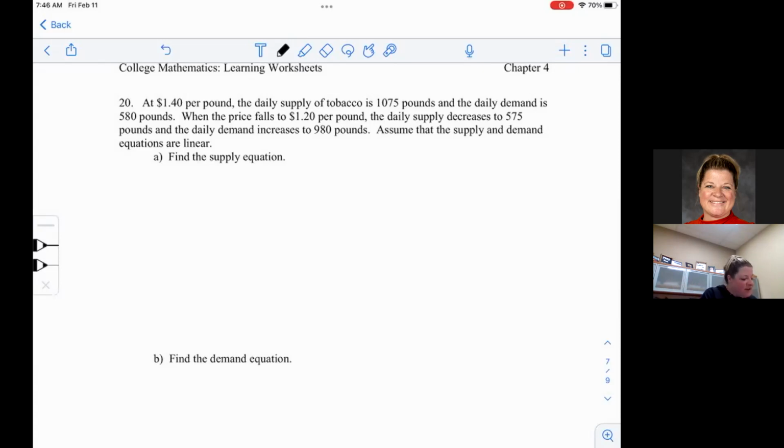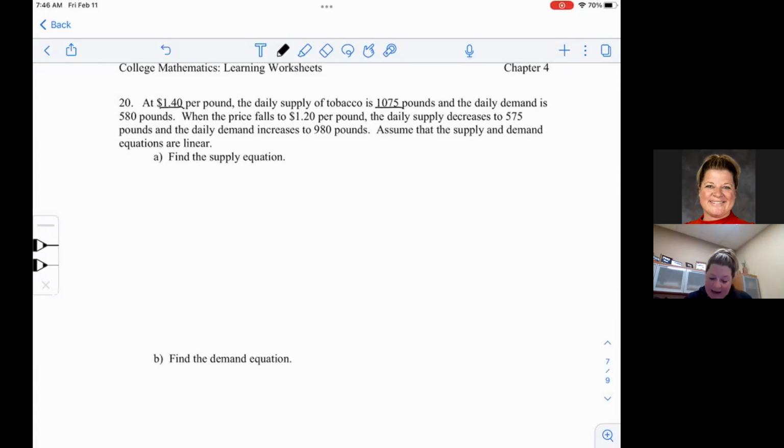Okay, so where am I going to even start with this one? Well, I have to look at the 2 points. So people don't always think of this one, this point idea. So I'm going to think of it as for supply, it was 1,075 pounds at $1.40. Okay, so price and supply.